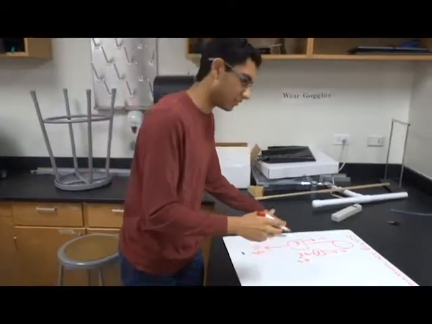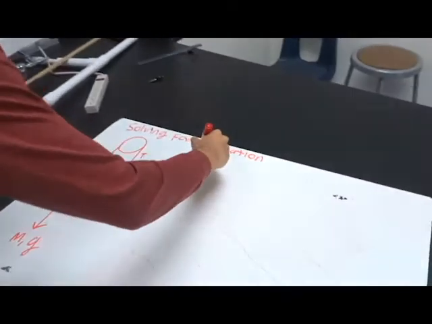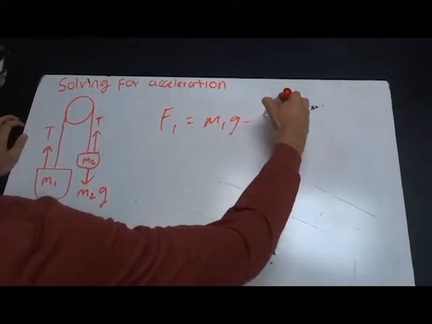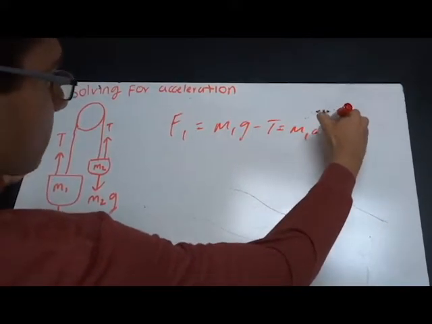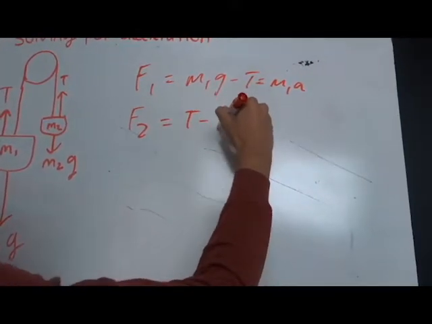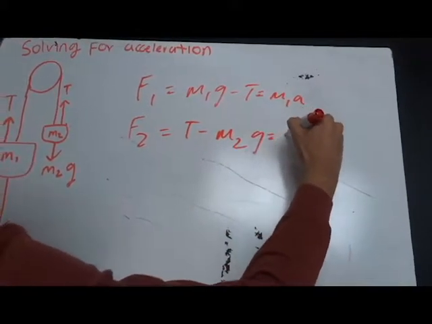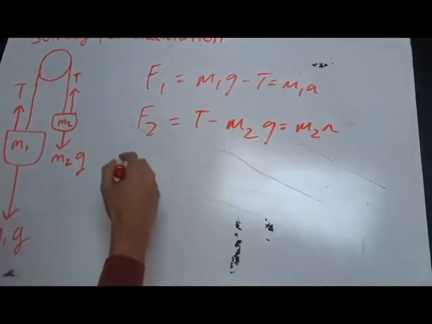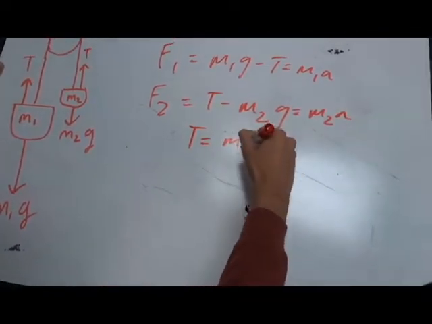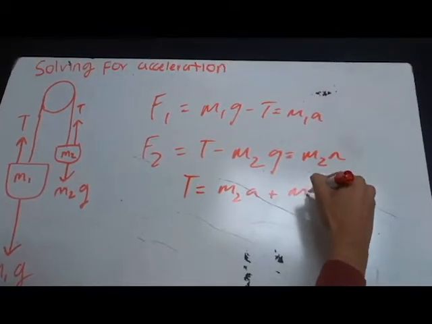This is what you do, David. So, you've got your force equations for your two blocks. And you have just solved for tension by rearranging your variables.